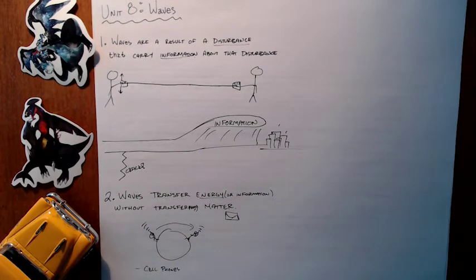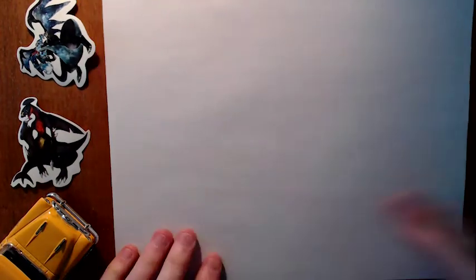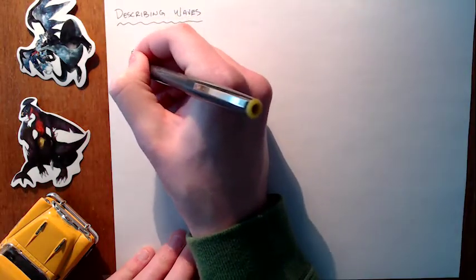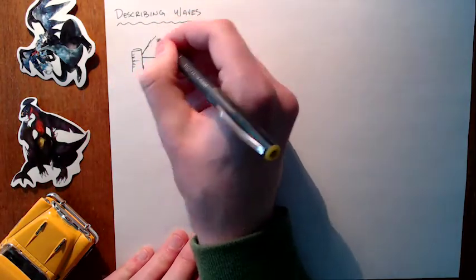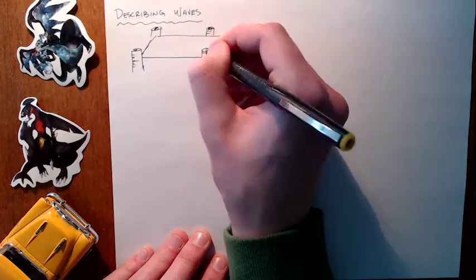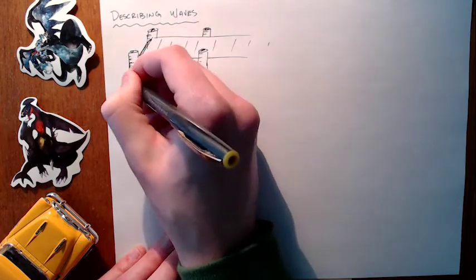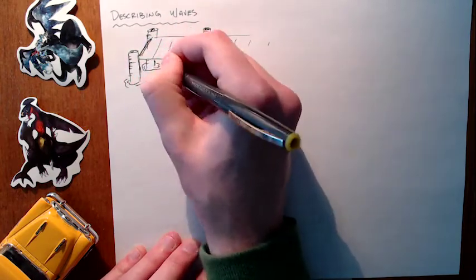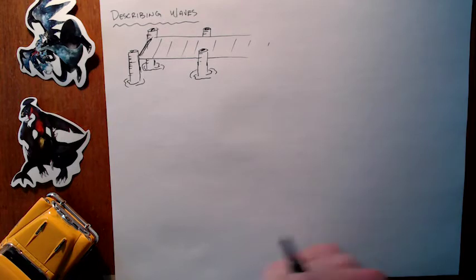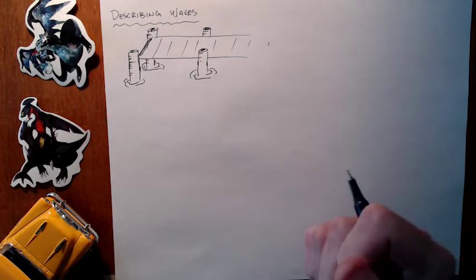So if we can use waves to describe a bunch of different things, let's figure out what exactly it is that we can measure and describe about them. So the easiest way to figure out all these different things that we can describe about waves is by looking at a water wave.